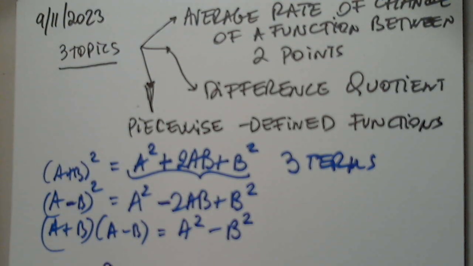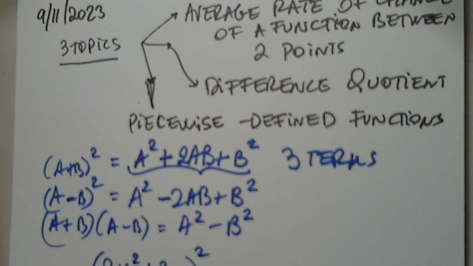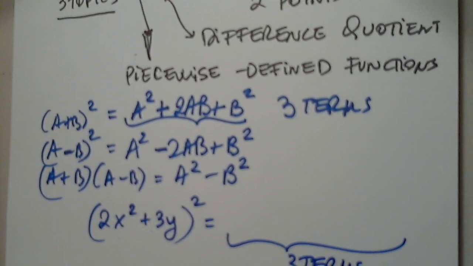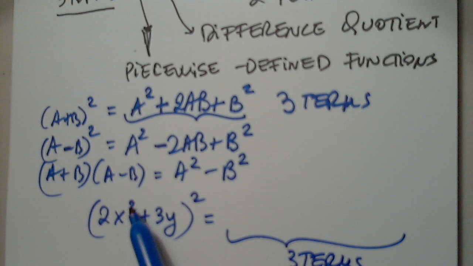As an example, let's say I have 2x squared plus 3y, and it's everything squared. I have to have 3 terms. According to the formula, all I have to do is square the first term. When I square this, I get 4x to the 4th.